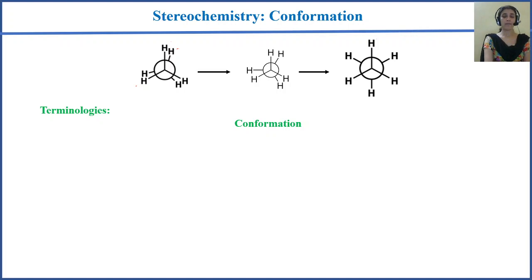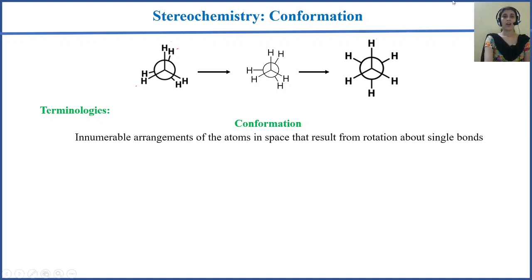Now I am trying to explain what conformation is. If you think of this Newman projection formula of ethane, this is the front carbon, and on that side there is another carbon. In each carbon there are 3 hydrogens. Let me start with the laser pointer.